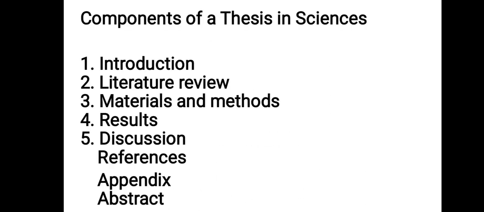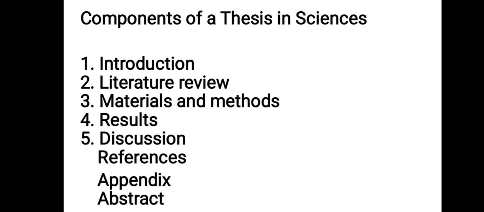We have components of a thesis in sciences. Most theses in sciences are organized in 5 chapters. And so the components that make up these 5 chapters of a thesis are: number 1 is the introduction, number 2 is the literature review, number 3 is the materials and methods, number 4 results, number 5 discussions.